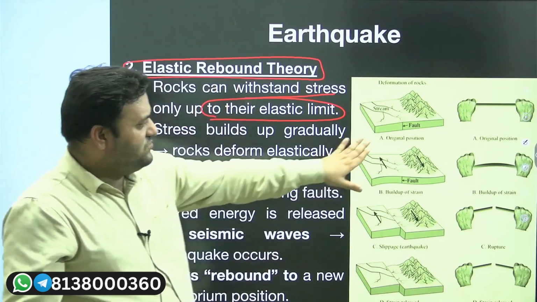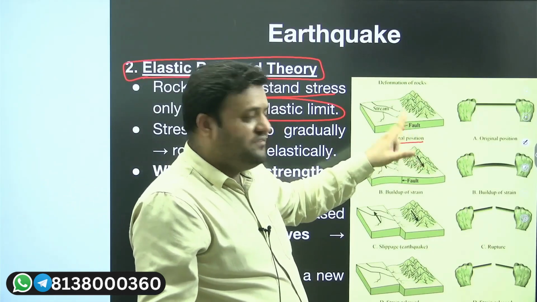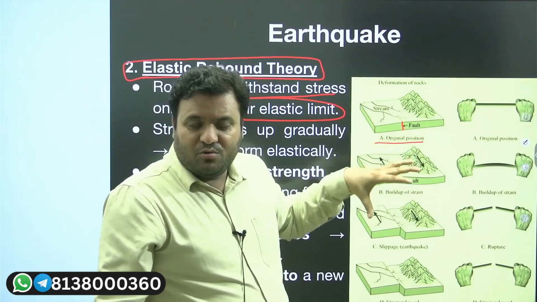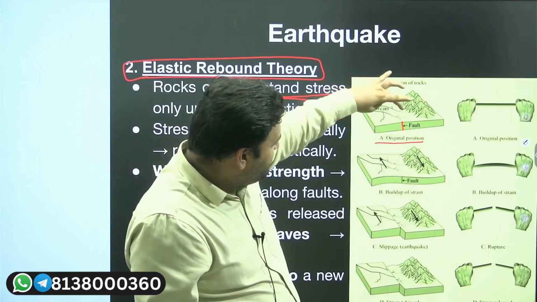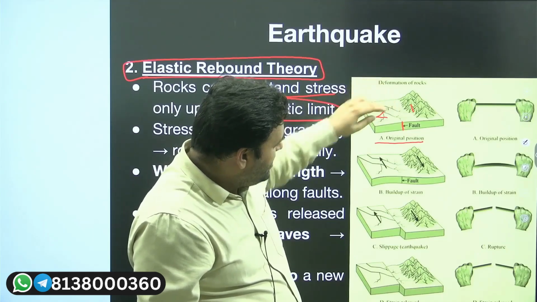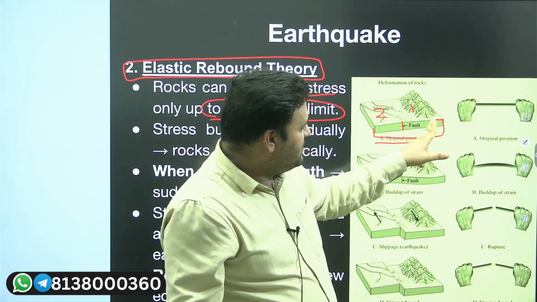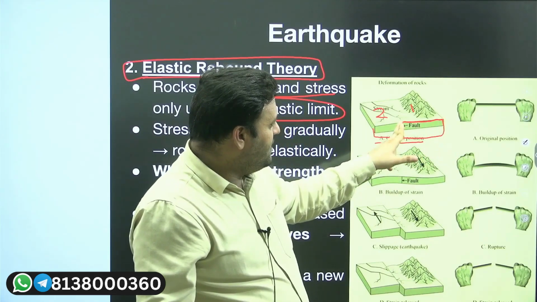So just consider here, this is the original position of the fault. This particular block is block one, and this is block two, and at the bottom is the entire plate.